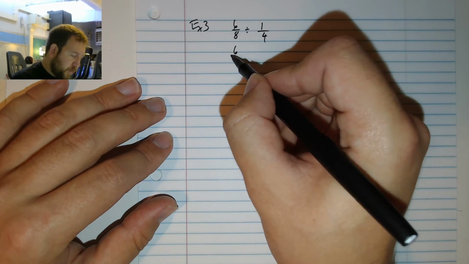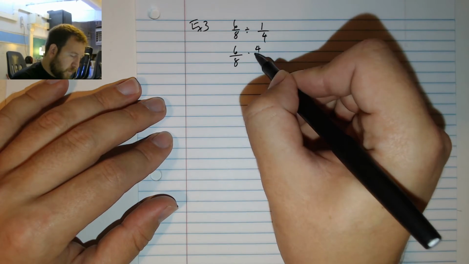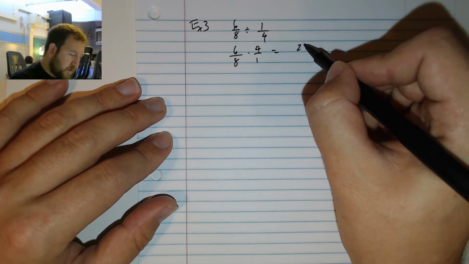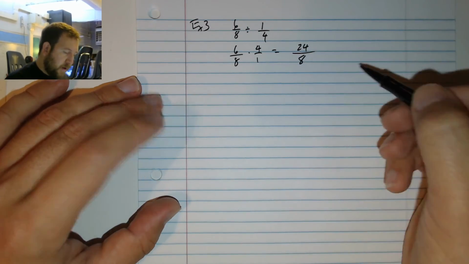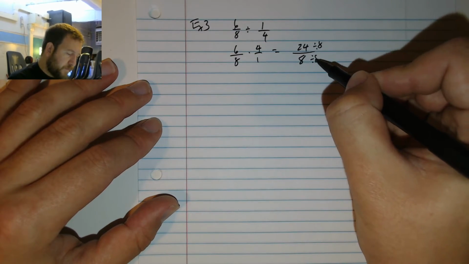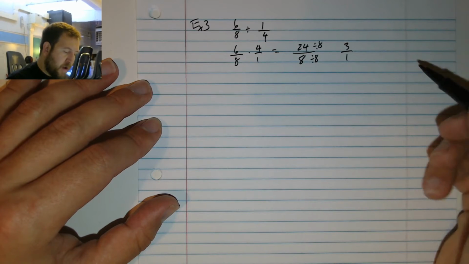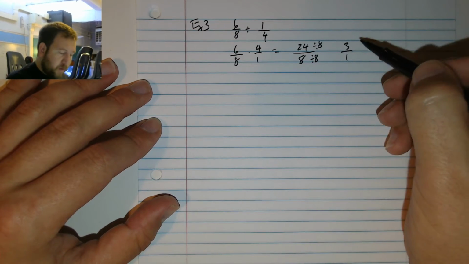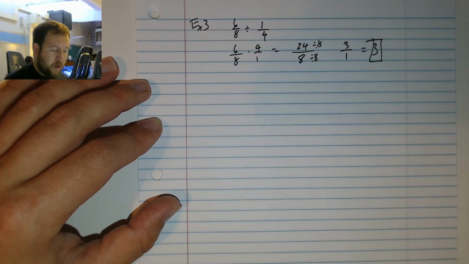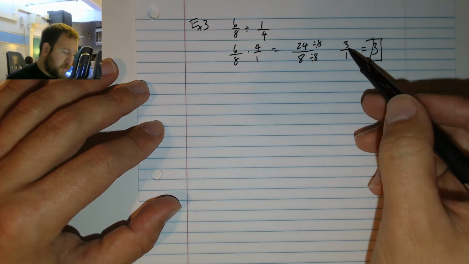Okay, we're going to reciprocal and multiply. 6 times 4 is 24/8. 8, 16, 24. I'm going to divide both by 8. So I have 3/1. 3 wholes means I have 3. Because if I divide anything by 1, I can simplify it to the number.